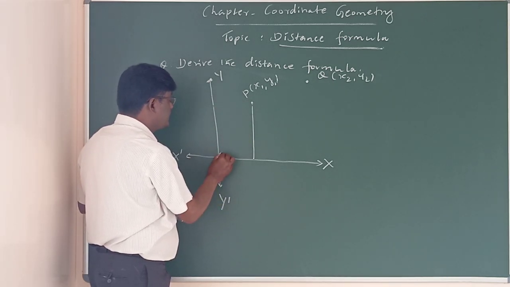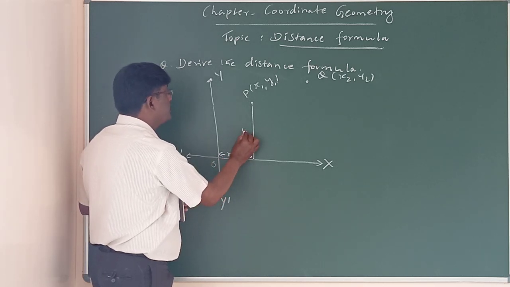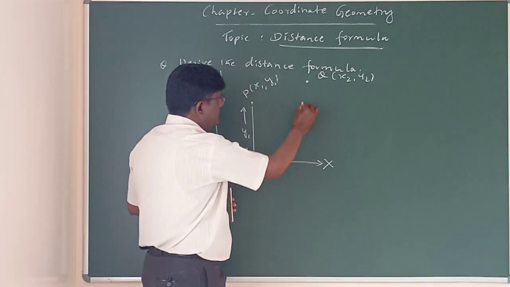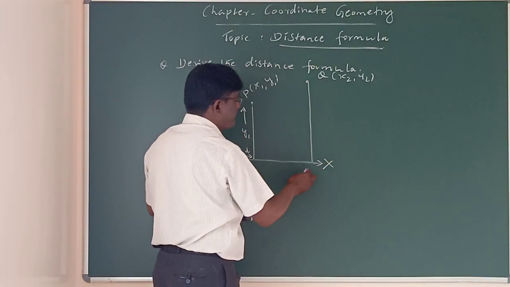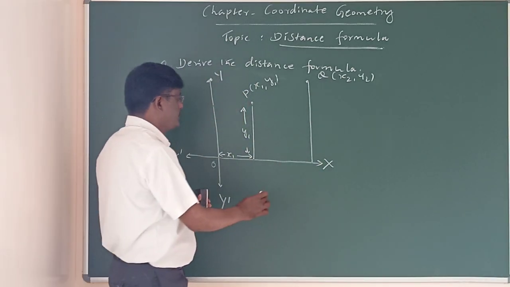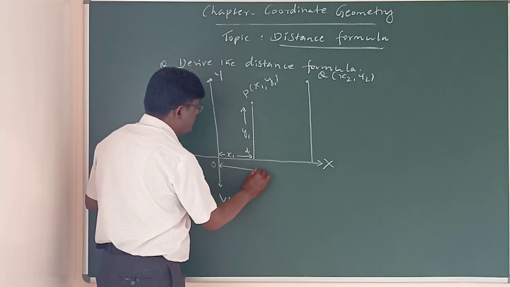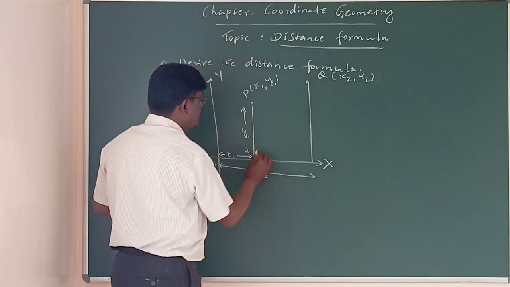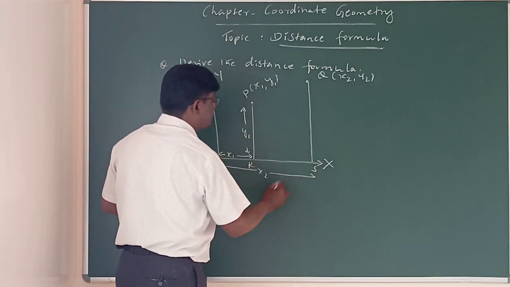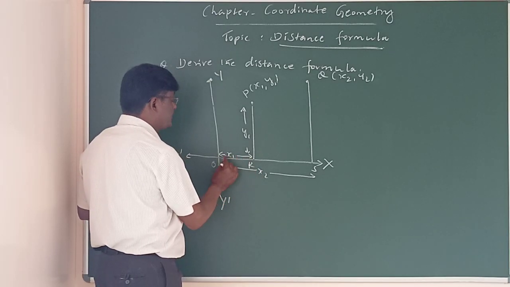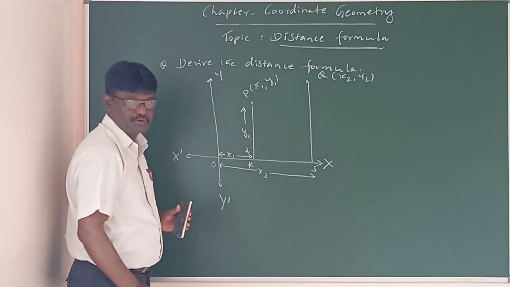Hence this is x1 and this distance is y1. Then consider Q (x2, y2). Say P, Q, R, S. Then OR is x1, OS is x2.